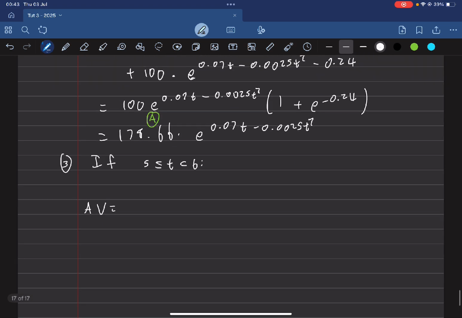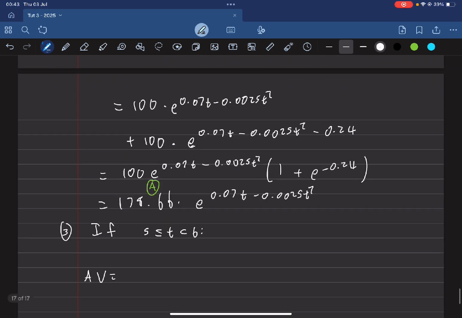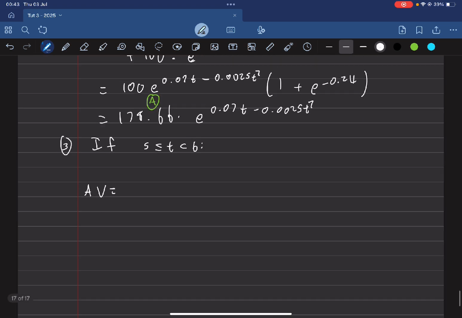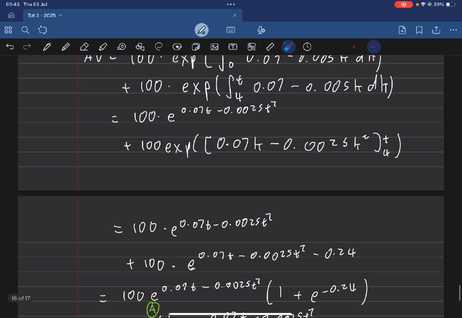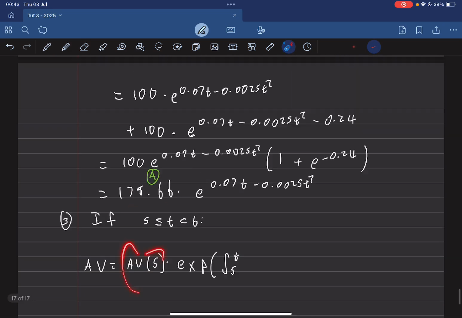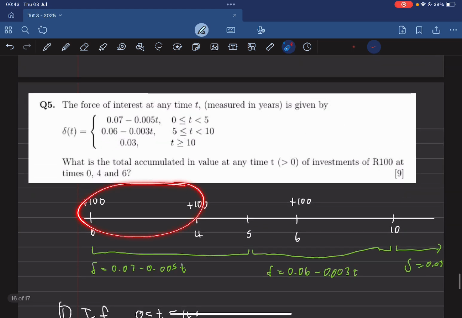So the accumulated value is basically going to be, I'll say your accumulated value at time 5 times, now we want to move it forward to some arbitrary point between 5 and 6. So I'm going to say times the integral from 5 to t. So we're moving from 5. So what this AV5 does is moves all of this to time 5.